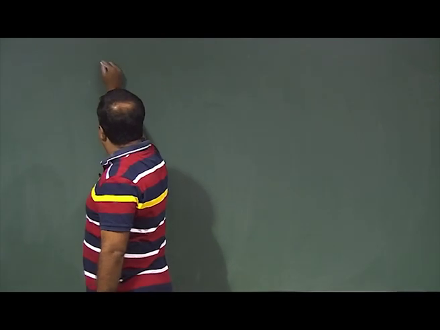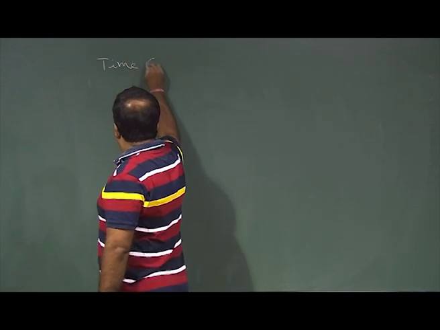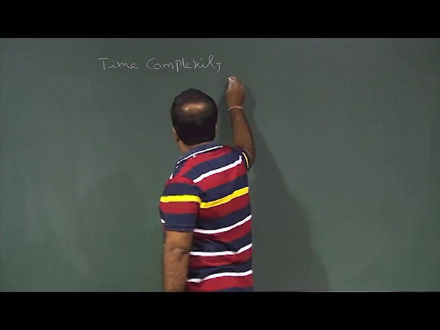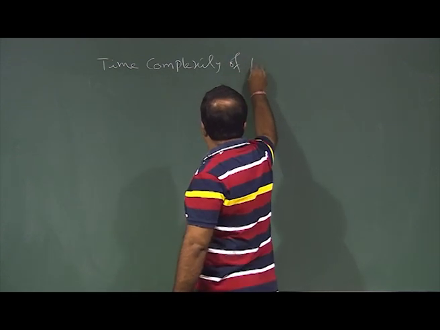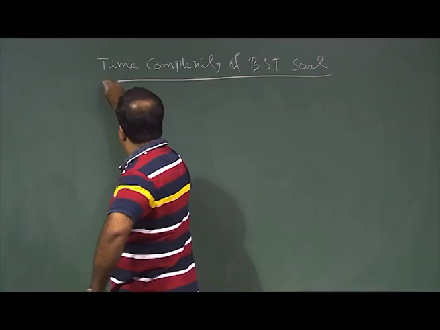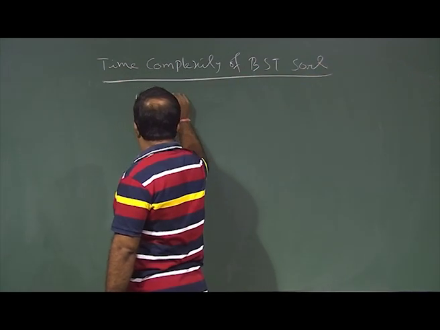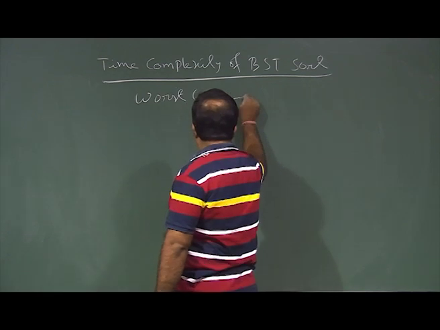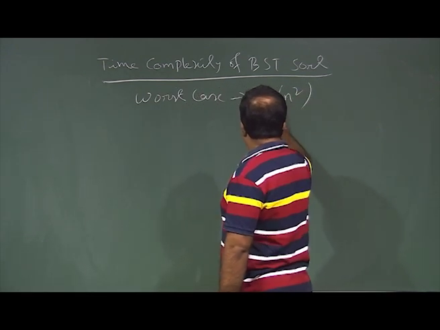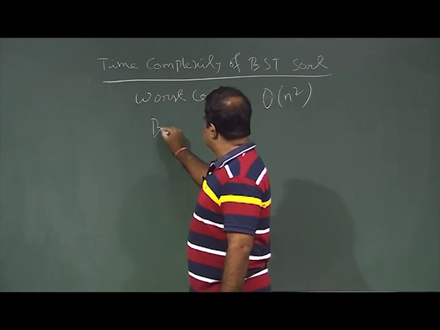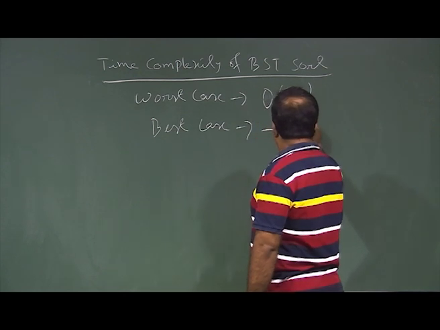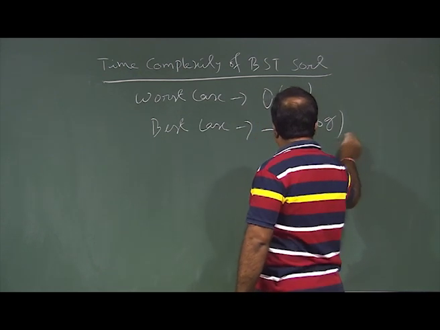So, the run time or time complexity of BST sort: worst case it is order of n square, and the best case it is n log n.